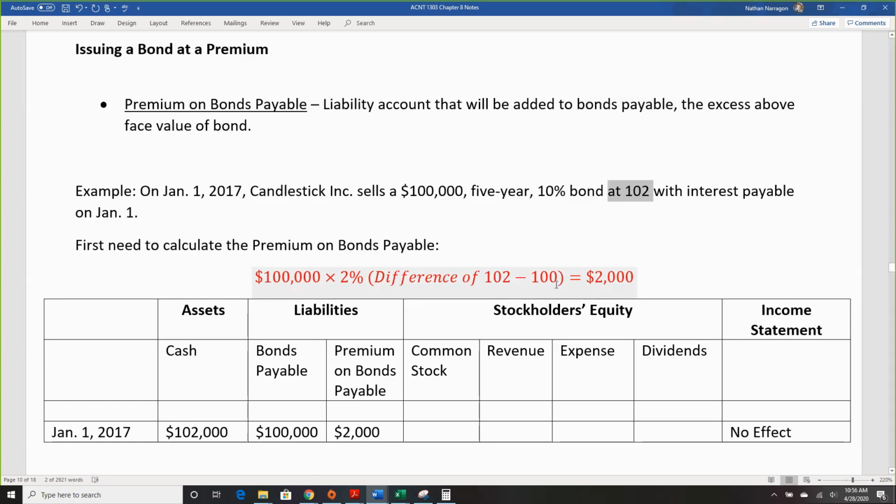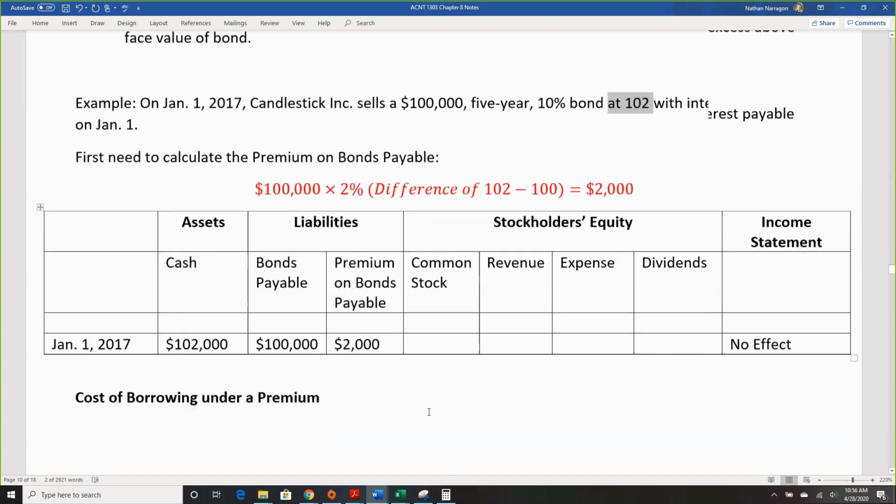So this is again a 2% difference. This is how the book would like to do it for you as an example. So again, 100,000 times 2% for difference would equal 2,000.